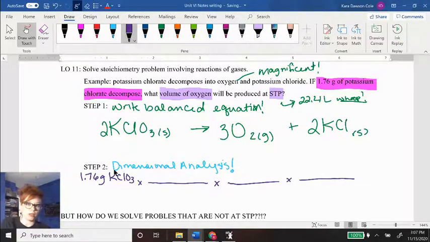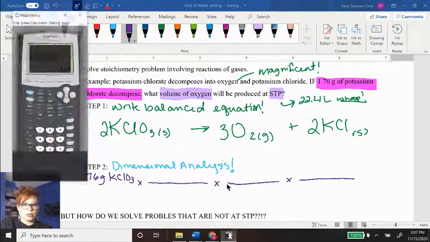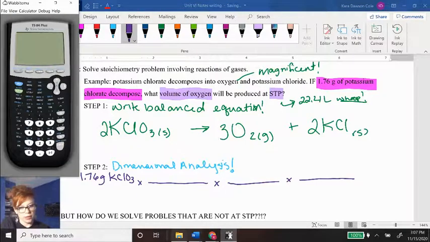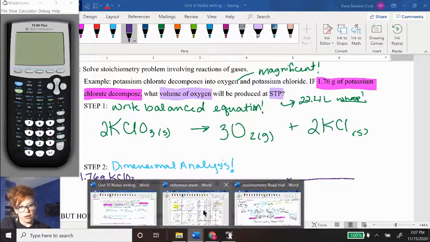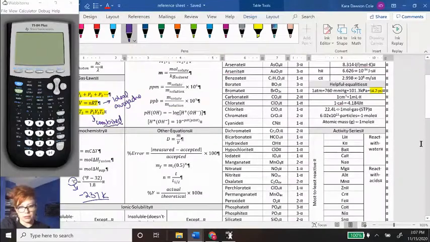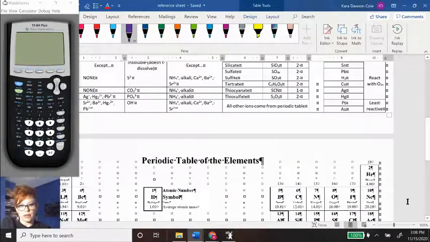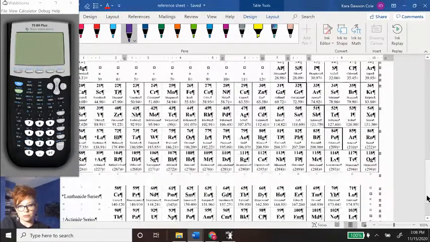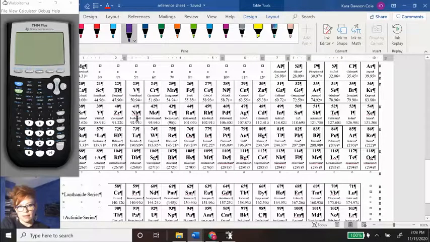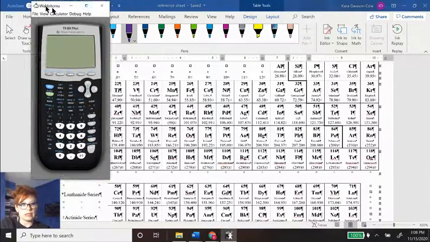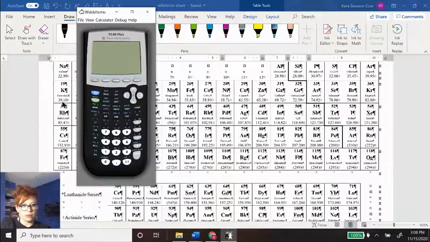The first road we go through is the molar mass of potassium chlorate. If you need a reminder on how to do this, here goes. We go to our reference sheet and find potassium, which is 39.10.